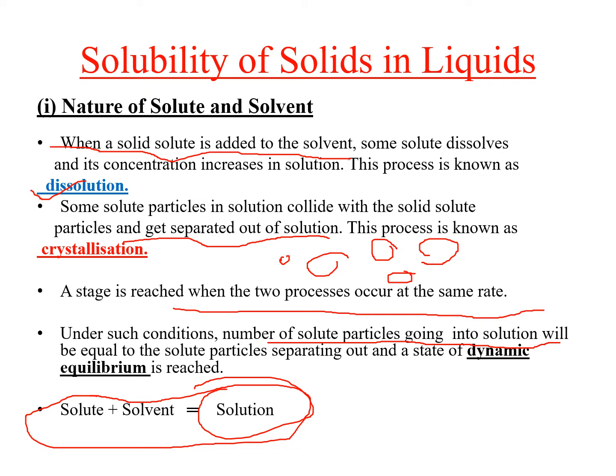Suppose you have salt and sugar as solute particles and you are adding them to water, they will easily dissolve in water. Why? Because salt and sugar both are polar in nature and water is a polar solvent. Polar solute particles have a tendency to dissolve in polar solvent molecules, that is water. That's why salt can easily dissolve in water due to its polar nature.